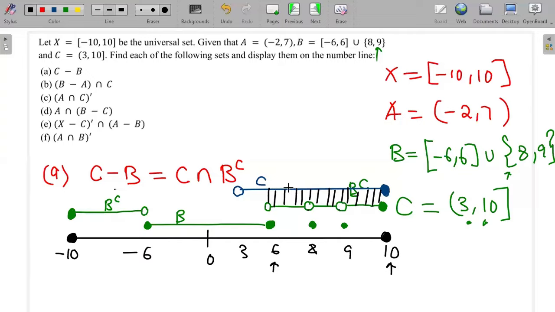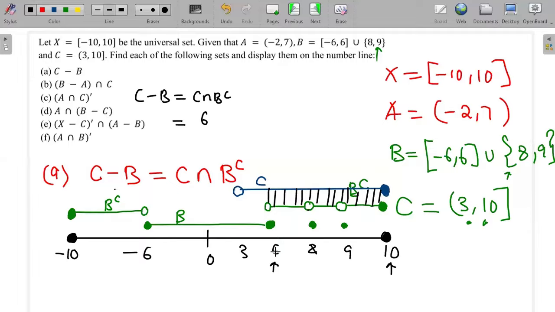9 is not included. So I'm going to say my C minus B is equal to C intersection B complement, which is equal to, so I'll start at my first point here, which is 6. So for 6, you ask yourself now, is 6 in the C and is 6 in the B complement? In the C, 6 is there because there's just a solid line passing over 6, this blue line here.